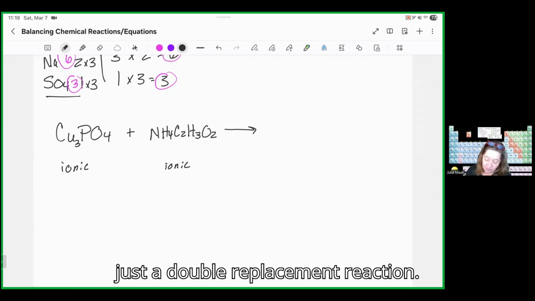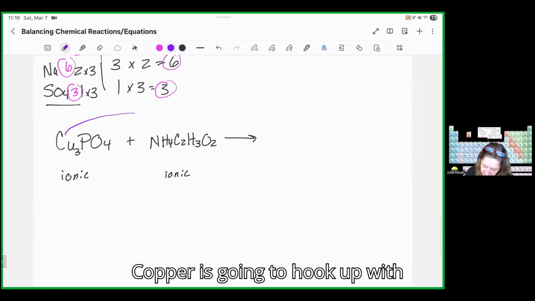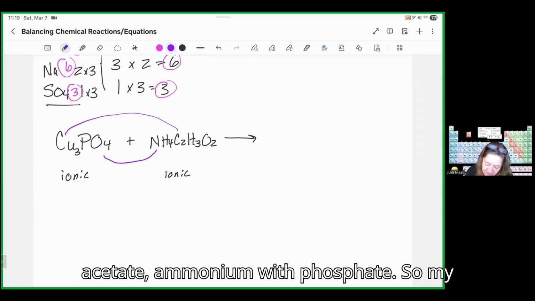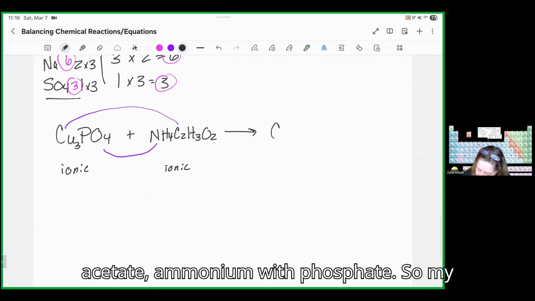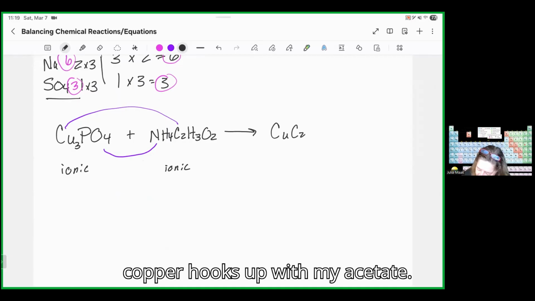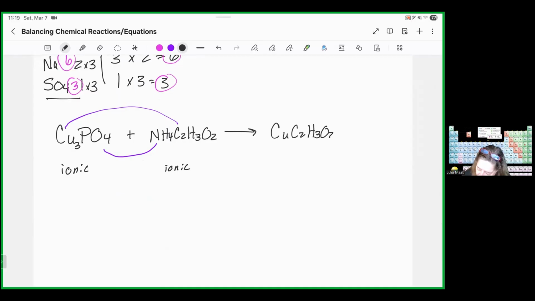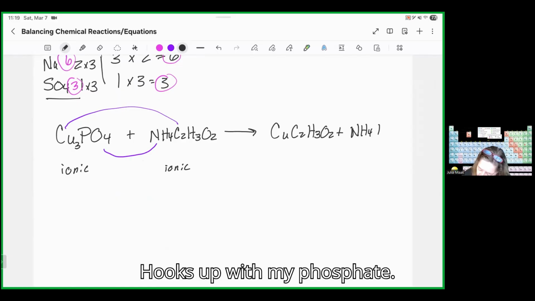So it's just a double replacement reaction. Copper is going to hook up with acetate, ammonium with phosphate. So my copper hooks up with my acetate, and my ammonium hooks up with my phosphate.